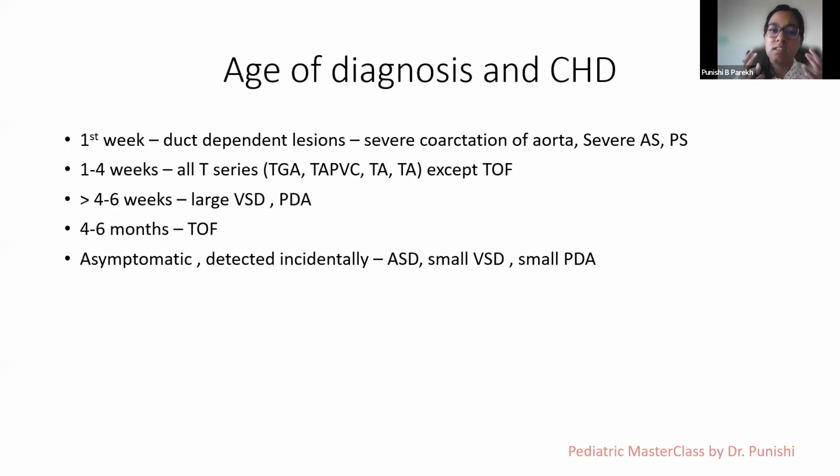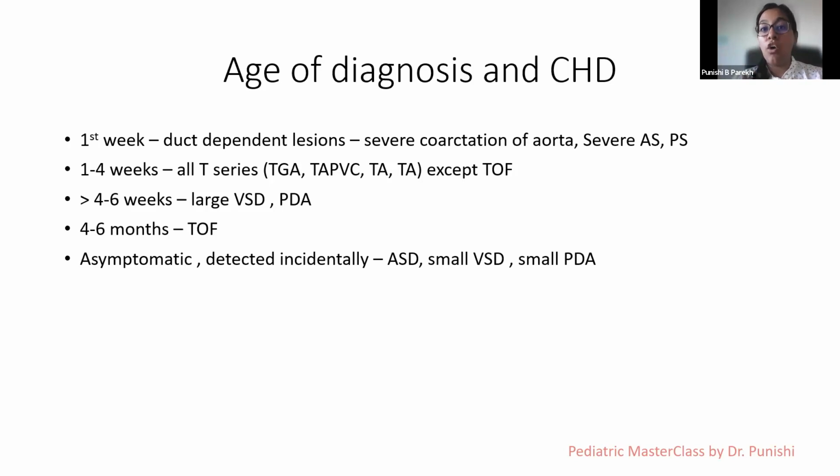When you have certain critical congenital heart diseases, the kid will only be able to survive if the ductus arteriosus remains patent. Those conditions that present within the first week of life, either with severe cyanosis or with shock, you need to think in terms of duct dependent lesions like severe coarctation of aorta, severe aortic stenosis, or severe pulmonary stenosis.